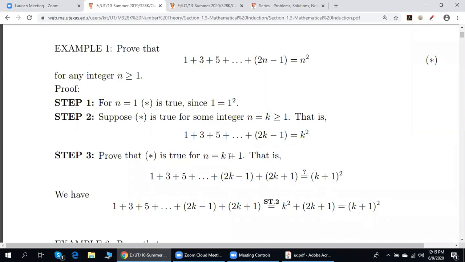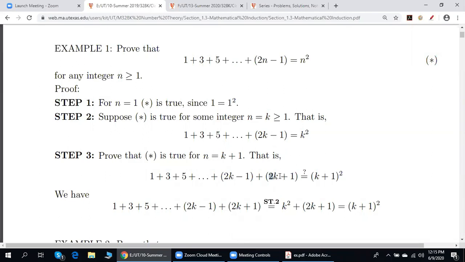But if n is equal to k plus 1, if we replace n by k plus 1, we will get 2 times k plus 1, which is, after we expand parentheses, 2k plus 2. But 2k plus 2 minus 1 is indeed 2k plus 1. And we will see it in a moment.